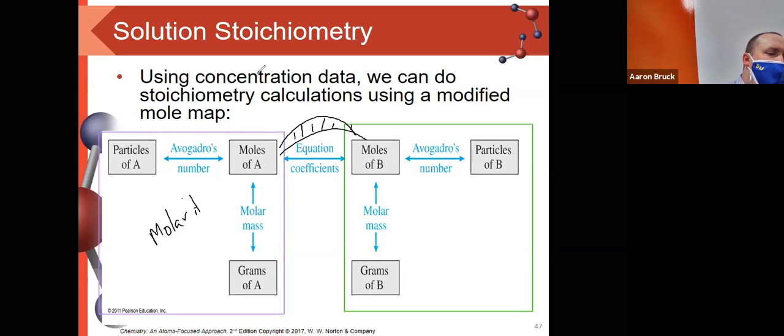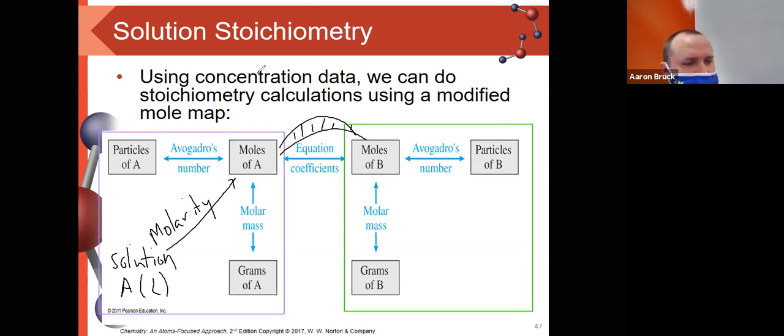By using molarity, I can take a solution containing A in liters and connect it to the number of moles in that solution. And same thing for the other side.